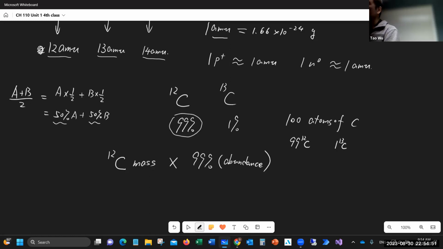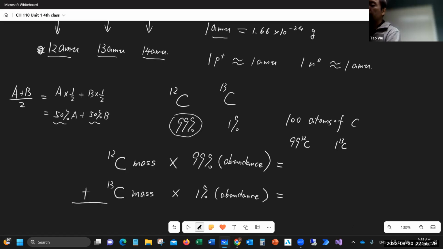So 99% is the abundance of carbon 12 in the whole carbon element, and you get one value. Then for carbon 13, you take its mass times 1%, the percentage or abundance of carbon 13 in the world, and you get another value.